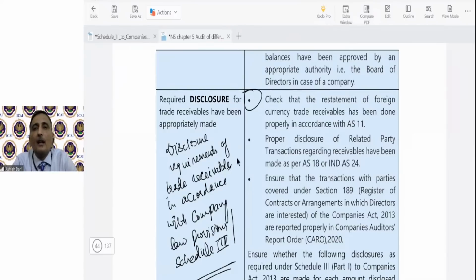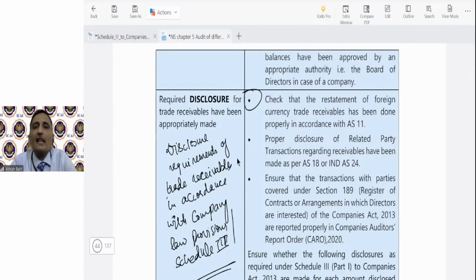AS 11 requires that this amount be restated at the exchange rate prevailing as on 31st March. So an adjustment entry would be passed in the books of accounts to give effect to such fluctuation.